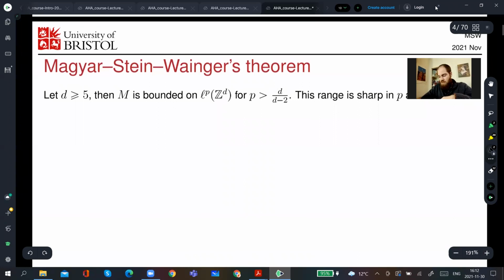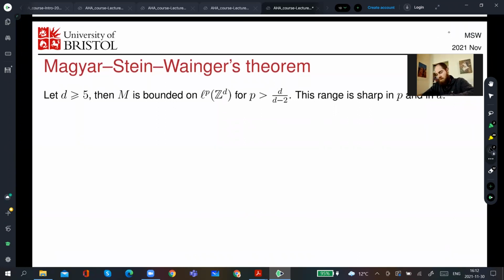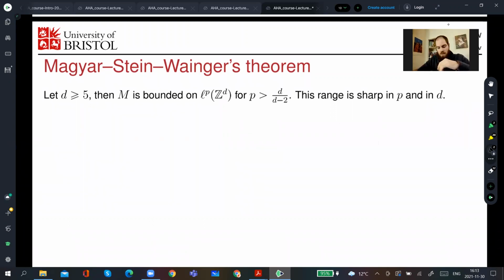This range is sharp in terms of the Lebesgue exponent p and the dimension d. We saw a couple lectures ago that if d was less than or equal to 4, this operator is unbounded on any finite L^p of Z^d space. And we also show that it's unbounded when d is greater or equal to 5, as soon as p is less than or equal to d over d minus 2.